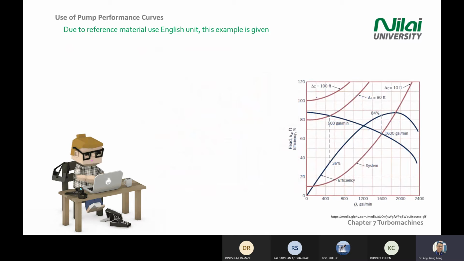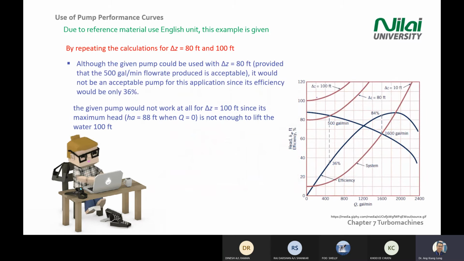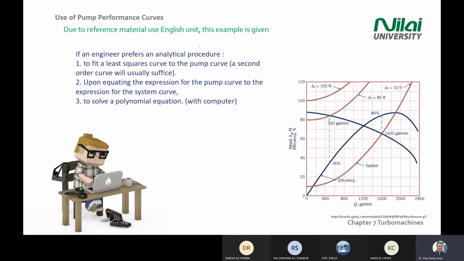All right, so we're done with this one, and we already explained the 100 feet and 80 feet scenarios. These are the procedures that we do. Nowadays we have computers, so all these graphs are inside the analysis system.